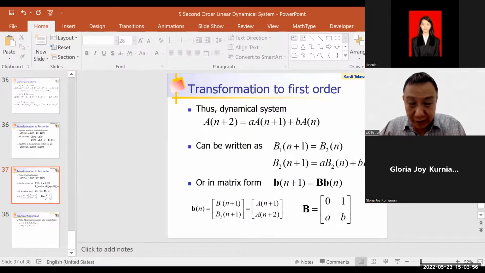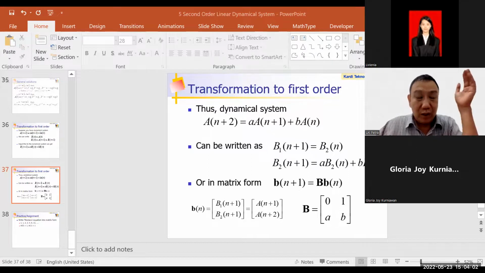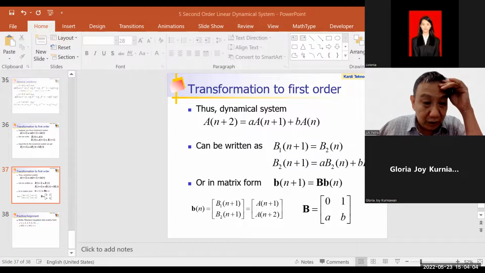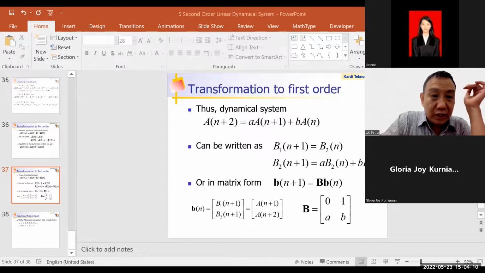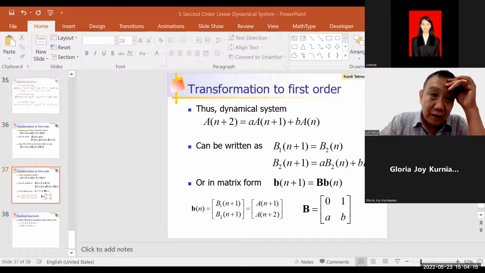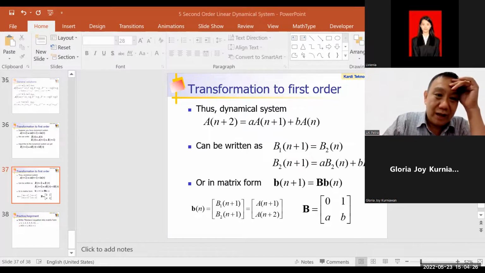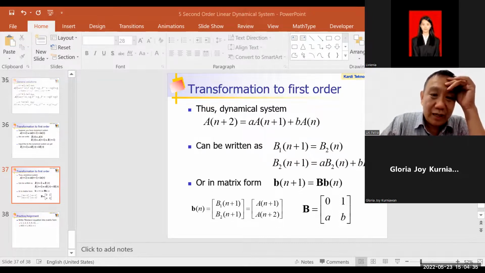Shall we go here, come back? There are many ways to solve this problem. One way is to use what is called natural state variable. If you have this form, the highest is y k, then you put a little bit lower than that. So x1 k is equal to y k minus 1, x2 k equal to y k minus 2, and so on.